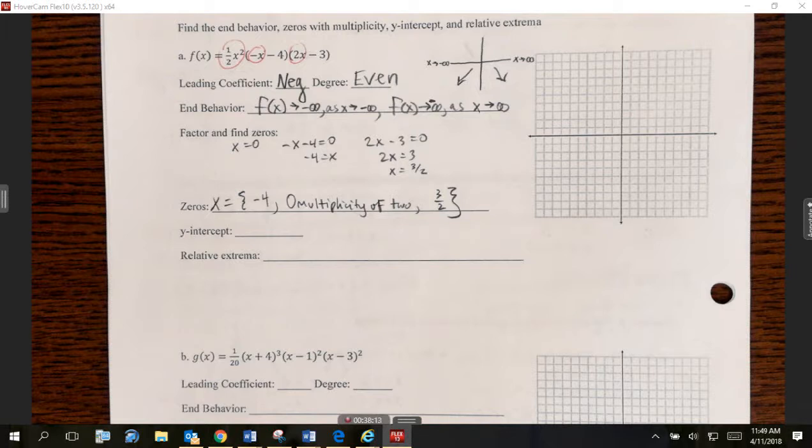And then how do we find the y-intercept? Put 0 in, correct. Plug in 0 for x.